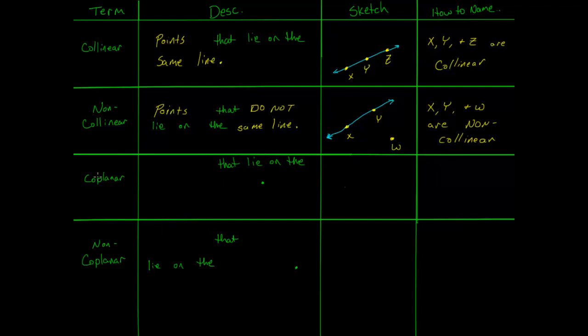So now we move on to coplanar, and using what we know of collinear, we should be able to define coplanar. Points that lie on the same plane. So a quick sketch. I'm going to draw a plane.